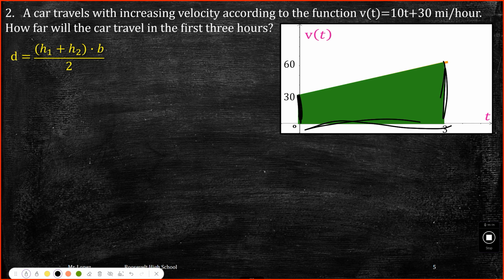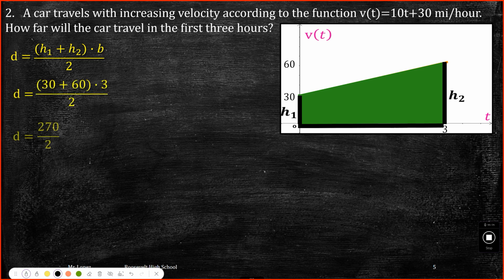So the height of the small plus the height of the big, add them up, times the base, and then divided by 2. So it's 135 miles.